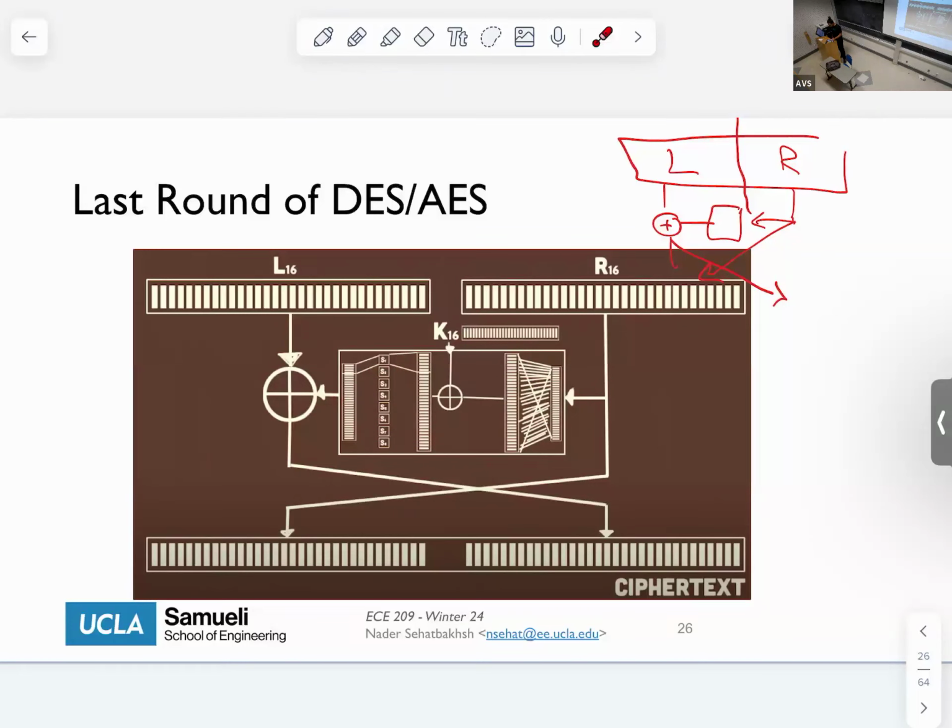The output of the S box is then XORed with the left side, and we have this intermediate value, which becomes the new right part. The right part becomes the left part. You keep switching this 16 times, although the last time is slightly different.